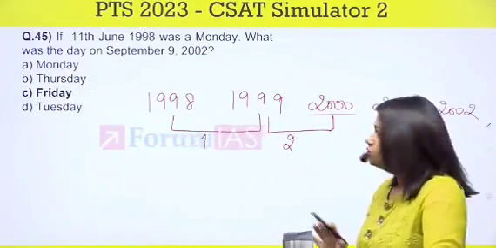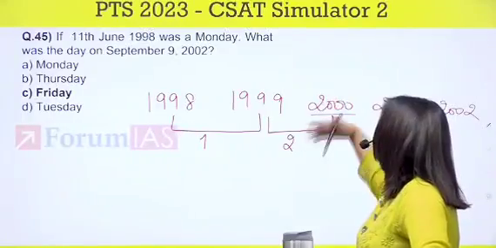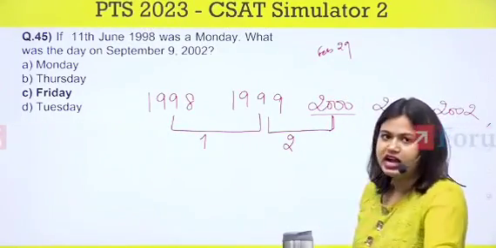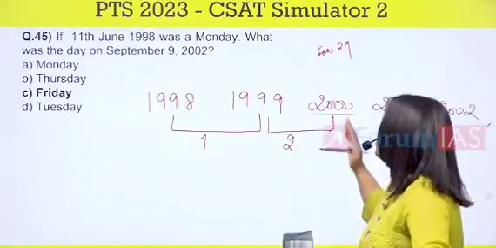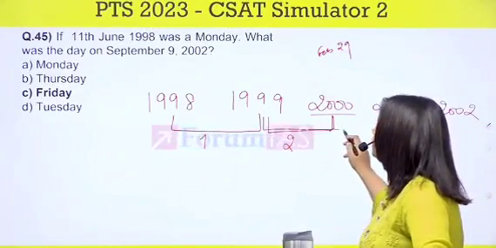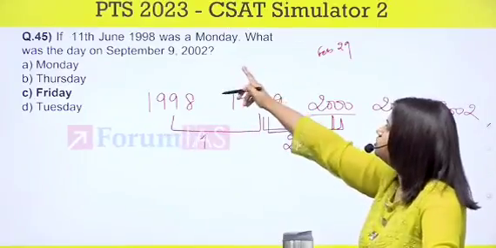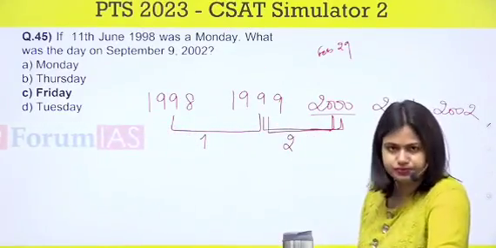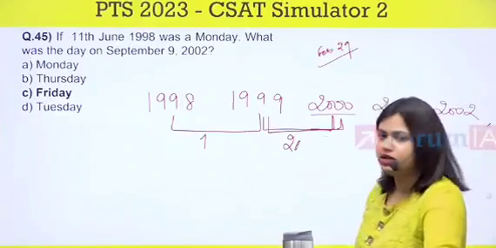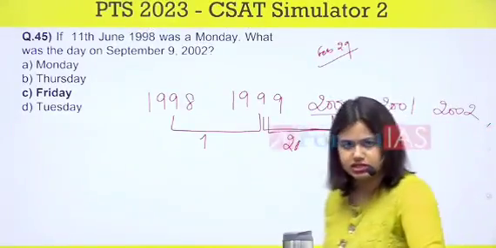This much we know. So if 2000 is a leap year, you will have one extra day. February 29th will be there. I am counting from June to June. That means February will occur from June 12th of 1999 till June 11th of 2000. That means for February 29, I have to add another odd day. That's why I have 2 odd days here, right?